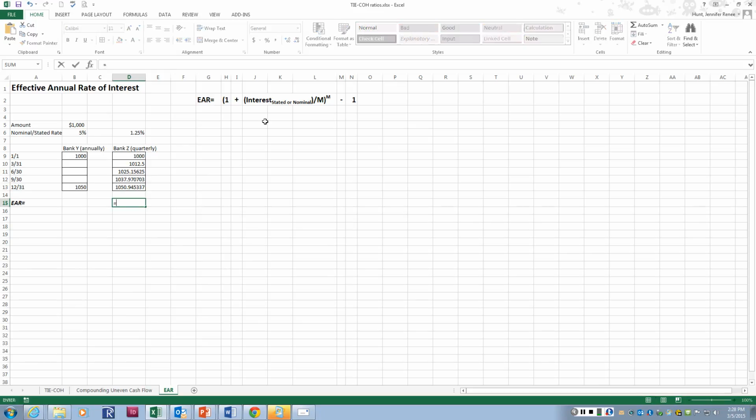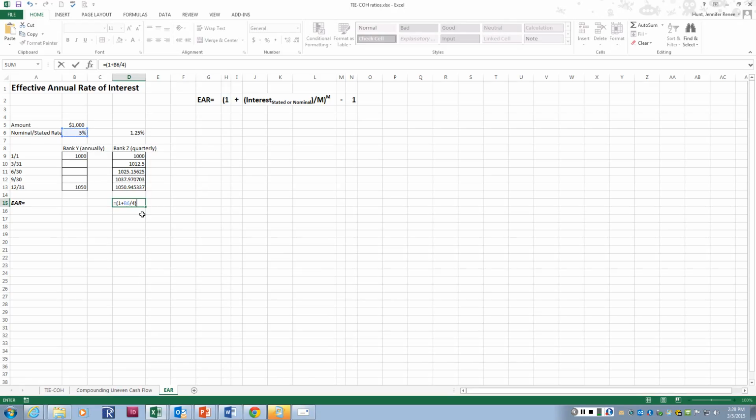So what we're going to do, we're going to set up our formula. We're going to do 1 plus, parentheses, 1 plus our stated or nominal interest rate. So don't take the rate that we used to multiply throughout the quarters. Take the stated or nominal interest rate. We're going to divide that by our number of periods, which is 4.